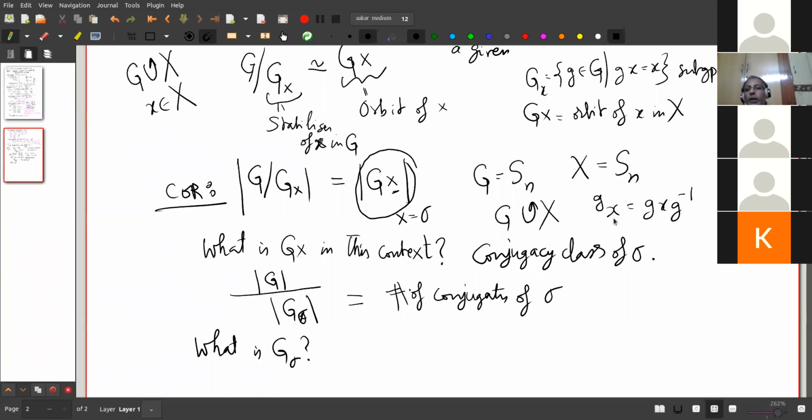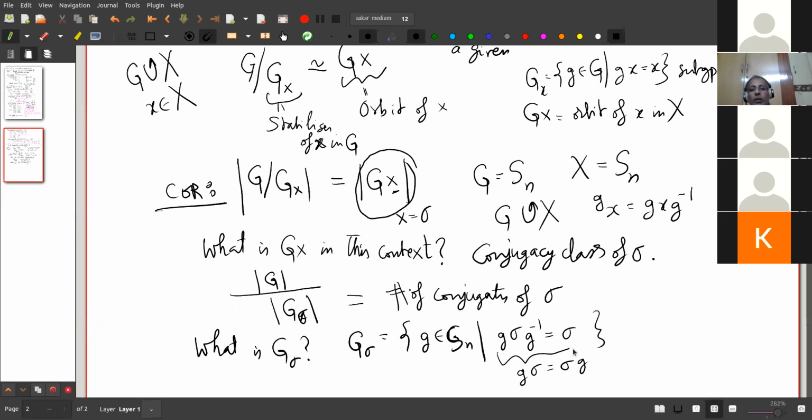So in our definition here, the action is gxg inverse. So what we have is G sigma is nothing but all those g in Sn such that g sigma g inverse is equal to sigma. This you can also write as g sigma equal to sigma g, right?